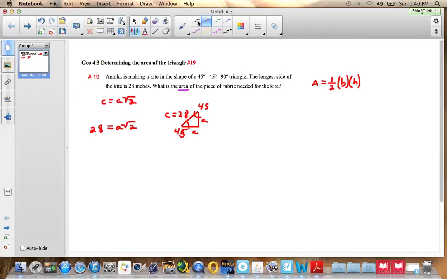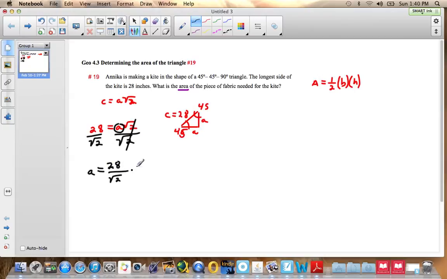As in the other problems, I've got to get A by itself. So I'm going to divide out the square root of 2 on both sides, which cancels these, making it A equals 28 over the square root of 2.